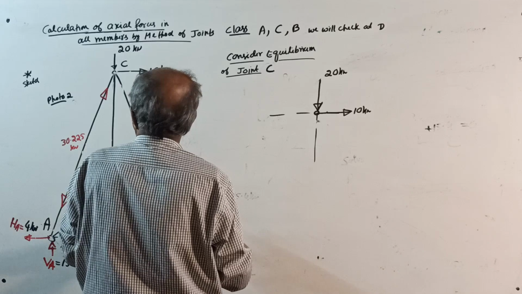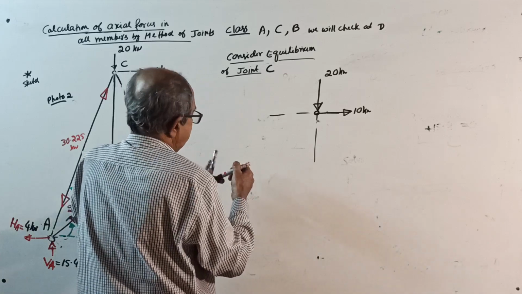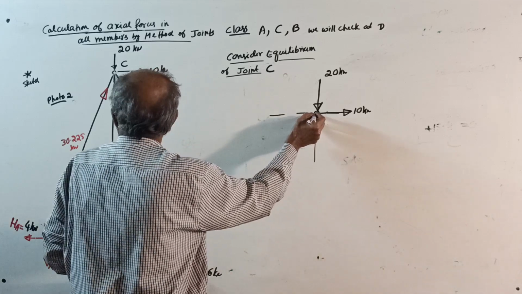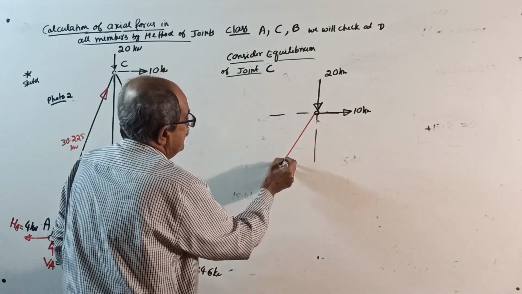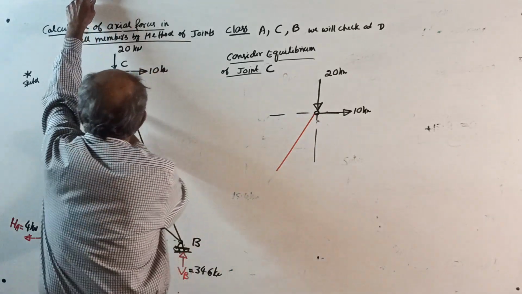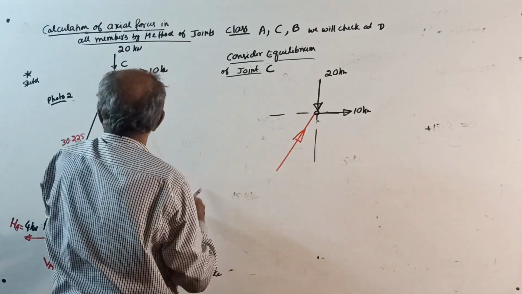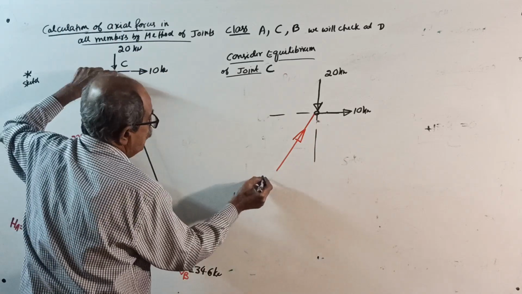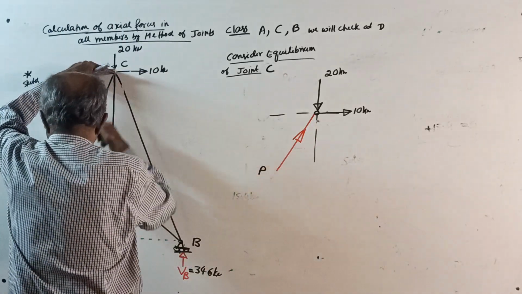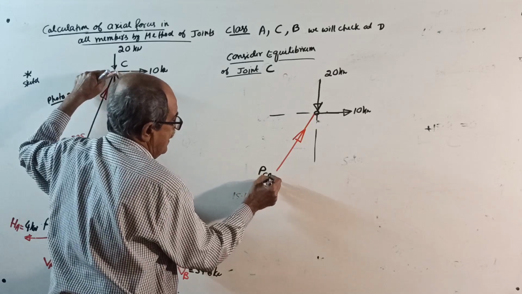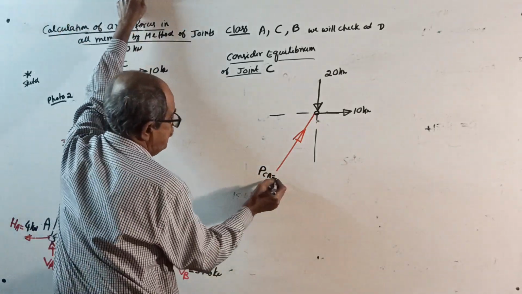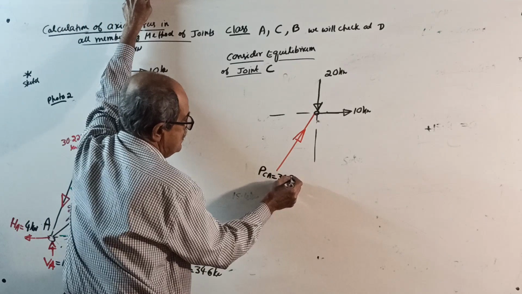Then one member force is this way, the force in CA, already calculated as 30.225 kilonewton.